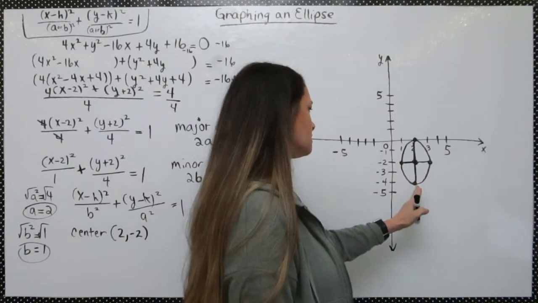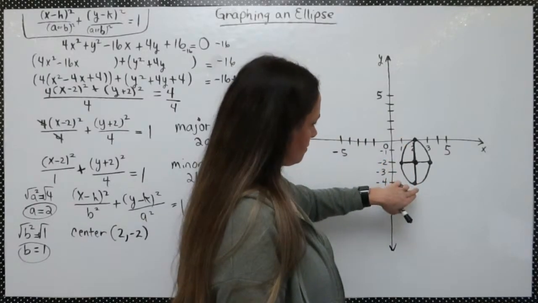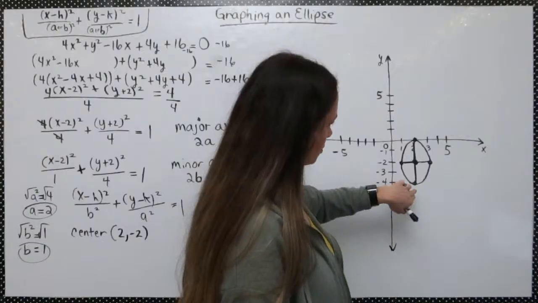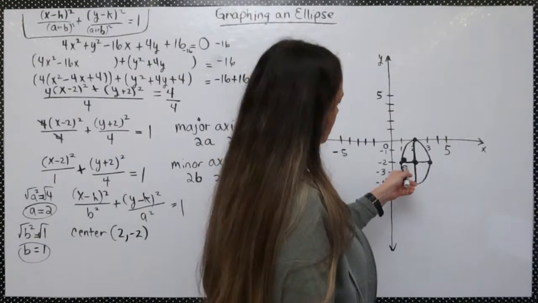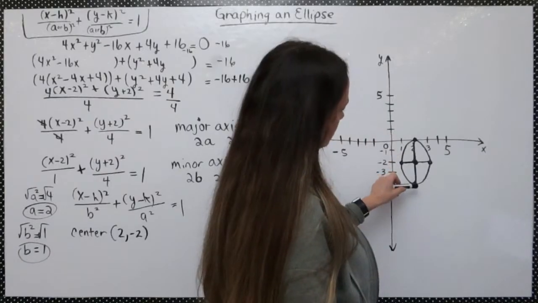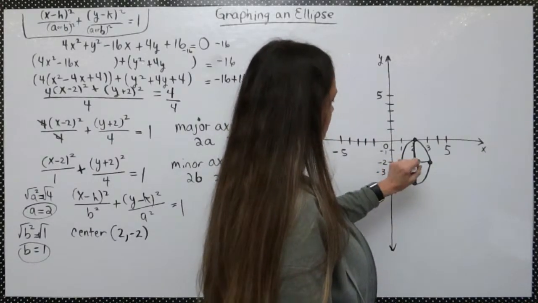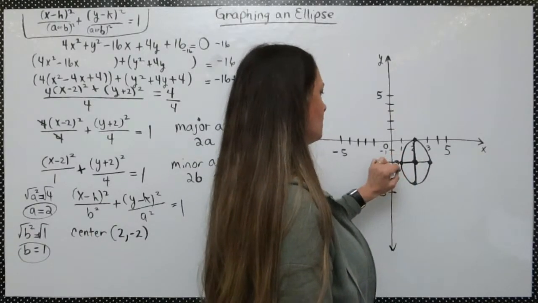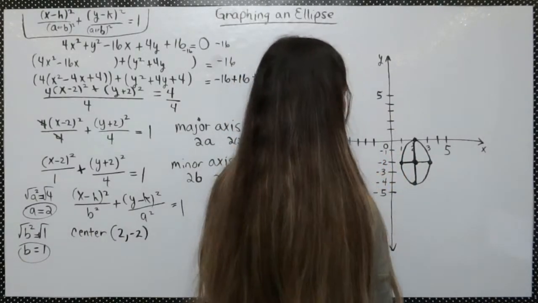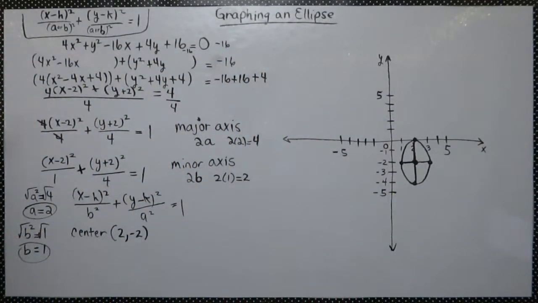The major axis is longer than the minor axis. If it's associated with the y values, it's going to have a vertical orientation, and if it's associated with the x values or the h values, it's going to have a horizontal orientation.